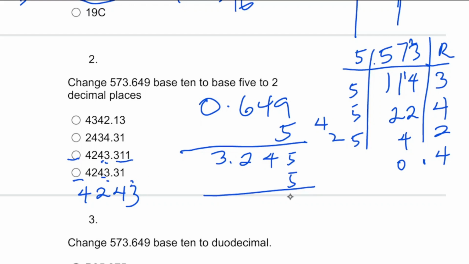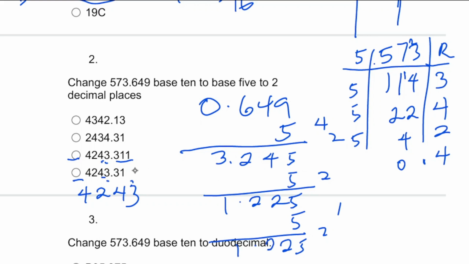Let's continue. 5 times 5 is 25, carry 2. 5 times 4 is 20 plus 2, 22. 5 times 2 is 10 plus 2, that is 12. You write 2, carry 1. You can see 3, 1. Then multiply by 5 again. That is 25, then 10 plus 2, 12, carry 1.